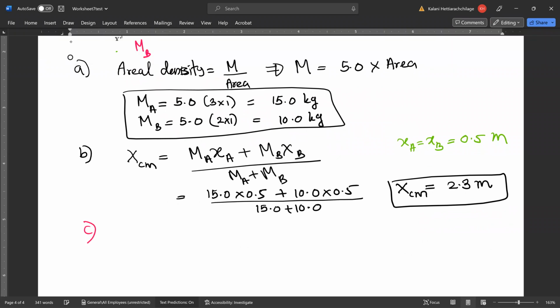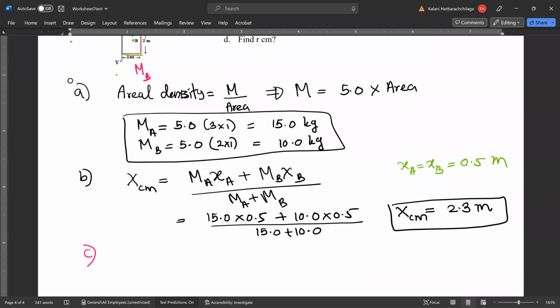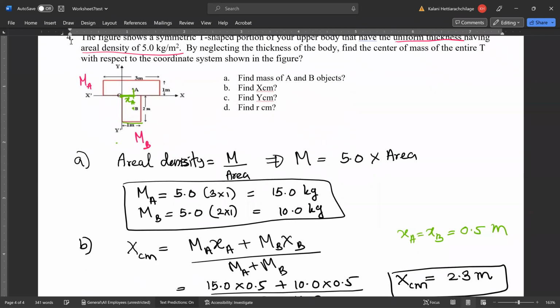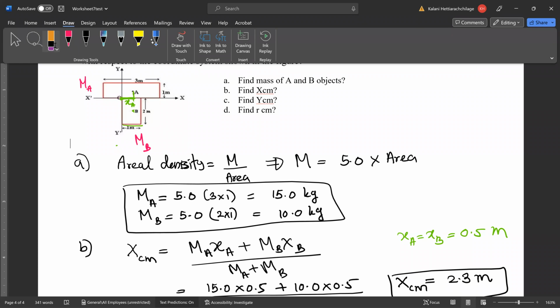Now part C. Part C is asking for Y center of mass. Y center of mass is equal to mass of A times yA plus mass of B times yB, divided by MA plus MB. Right? Now we need to see what yA and yB are.